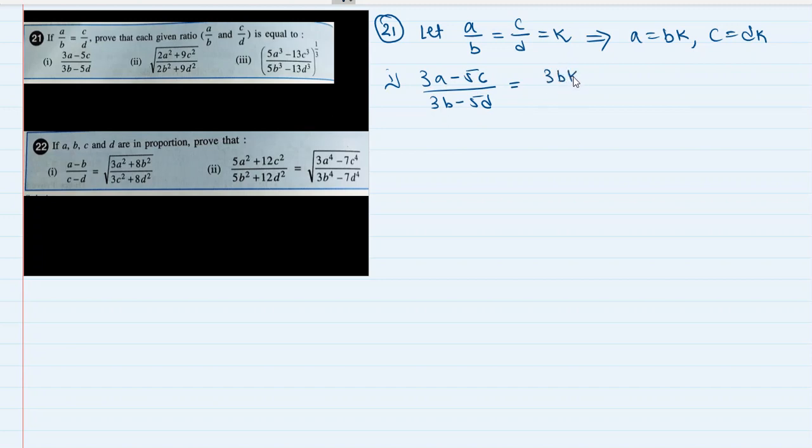So 3BK minus, in the place of C, I will put DK, minus 5DK upon 3B minus 5D. K will come out common: K times 3B minus 5D, the whole upon 3B minus 5D. Okay, so we get K.